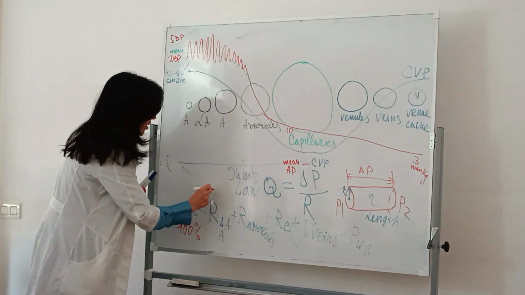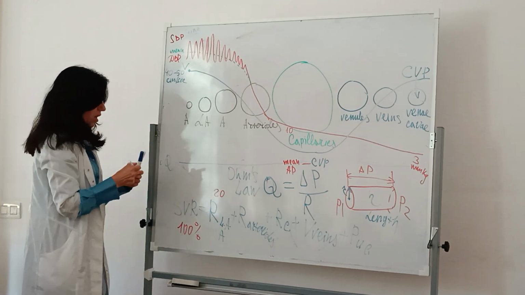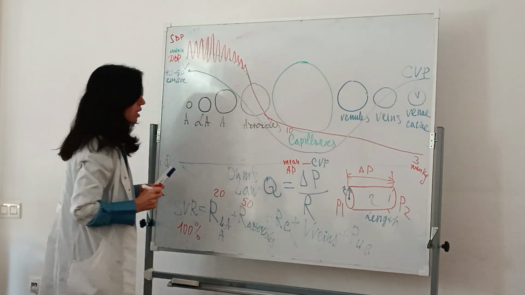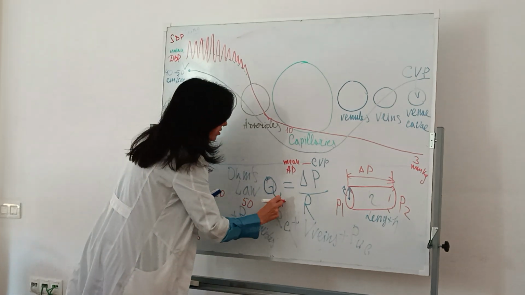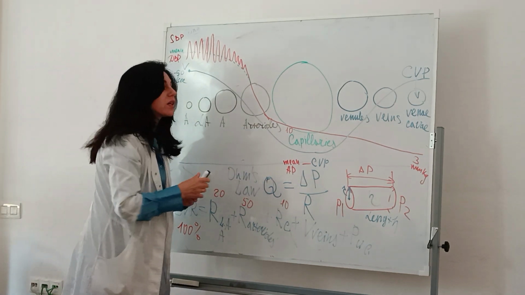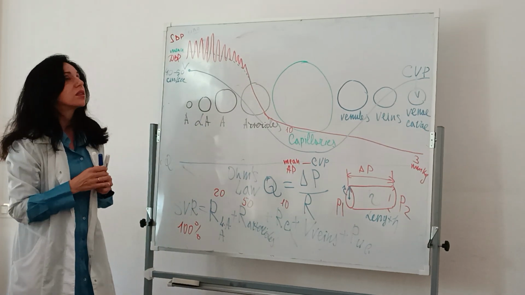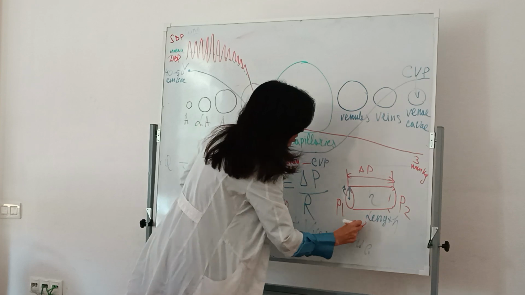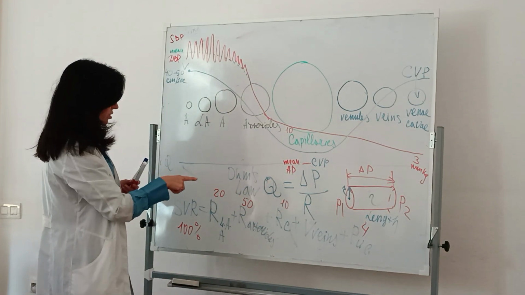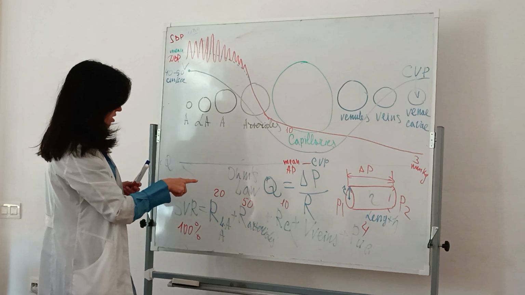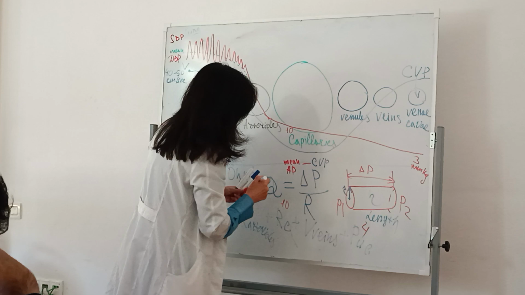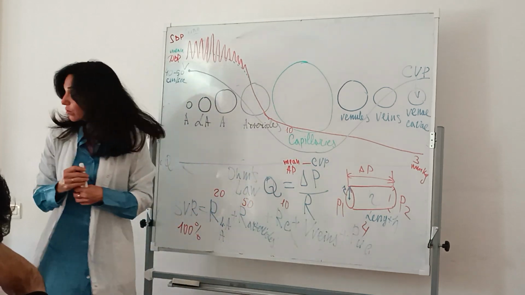Large arteries about 20, arterioles about 50, capillaries about 10, and veins and vena cava are the smallest. Here are 4, and here how many? 6, no? 16? Yeah, here maybe 20.